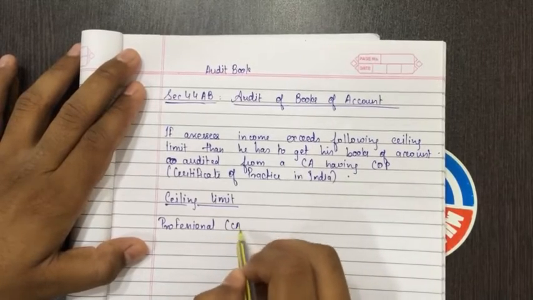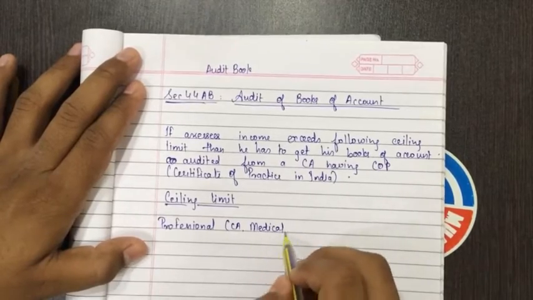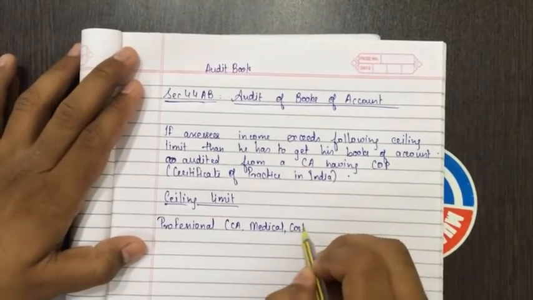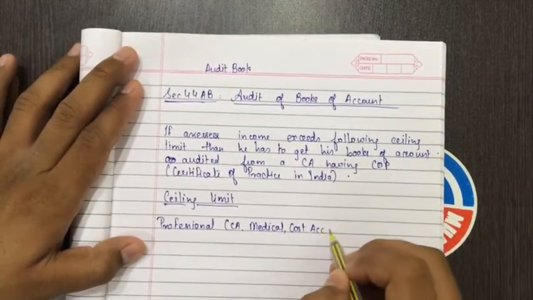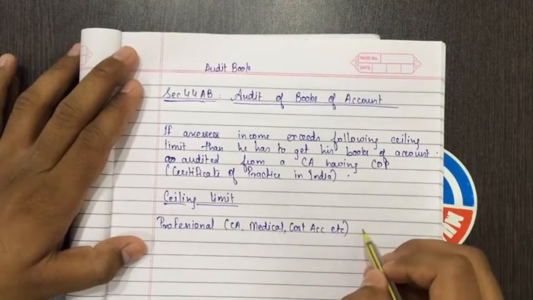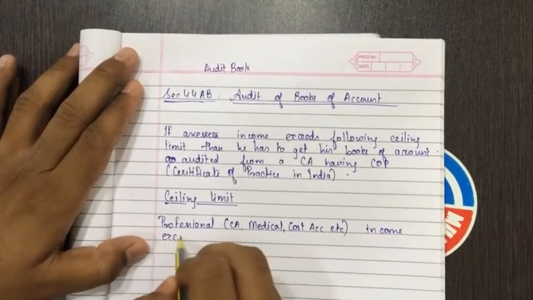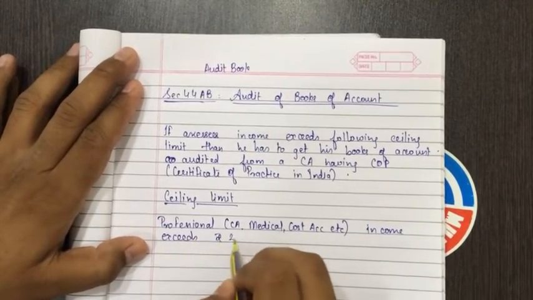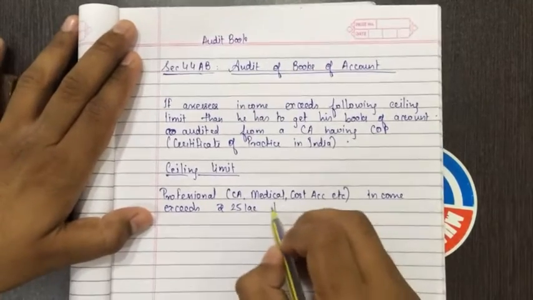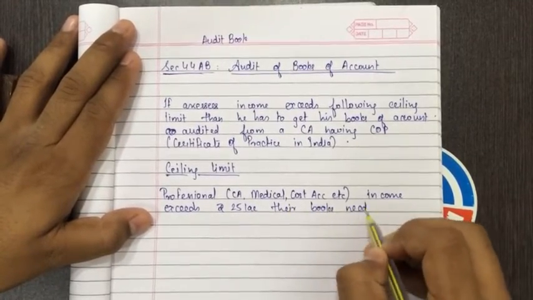Professions like CA, medical, then cost accountant, etc. These are all professional people. If their income exceeds rupees 25 lakhs, their books need to be audited.